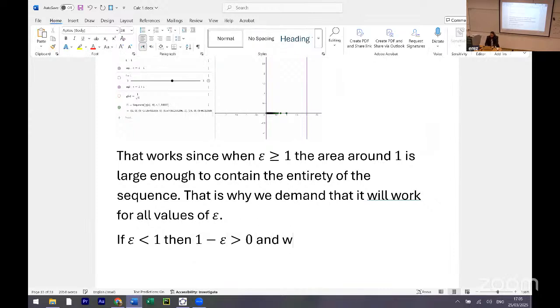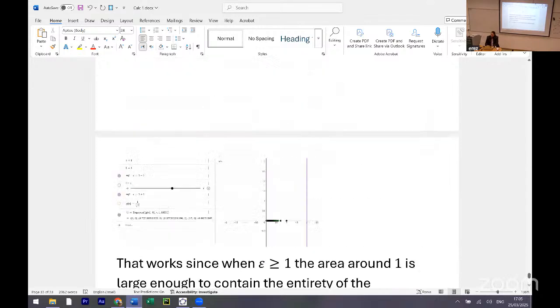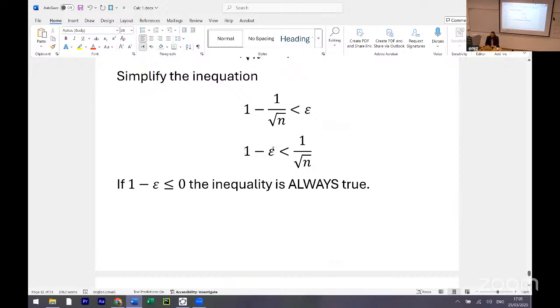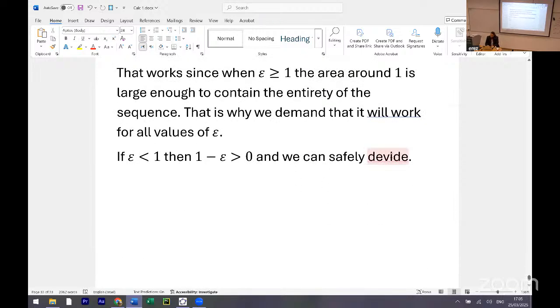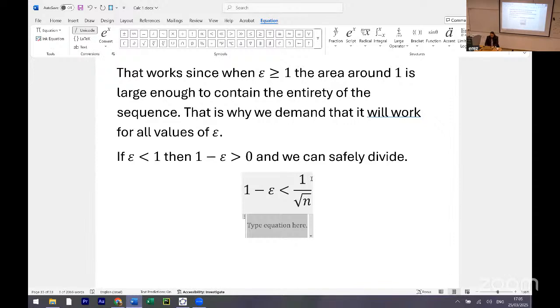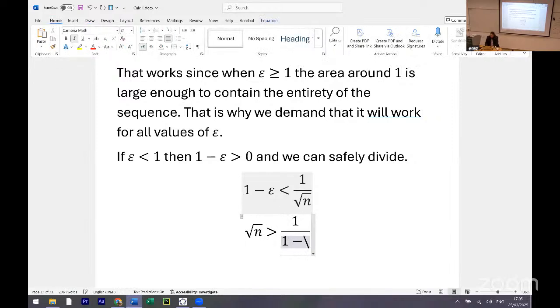So now, if epsilon is smaller than 1, then 1 minus epsilon is positive, and we can safely divide. Be careful what you wish for, because now it won't work, but now the simplification is allowed. I'm going back to the point where we stopped, and I say, okay, we need the square root of n to be larger than 1/(1 minus epsilon).